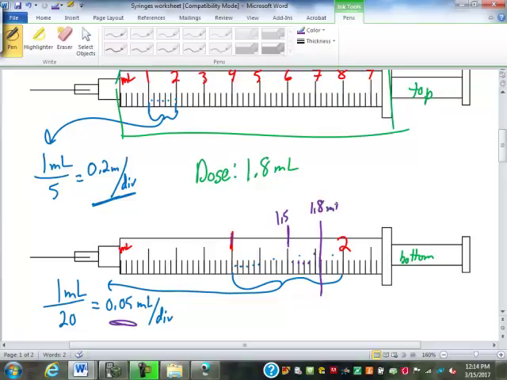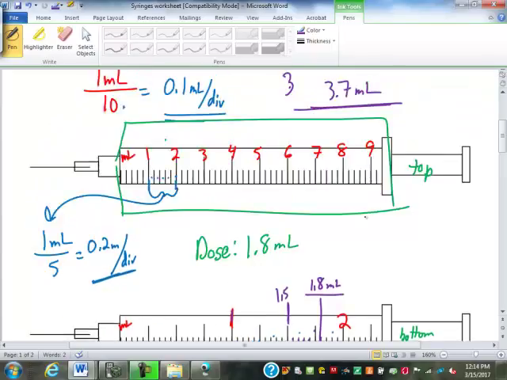So it's 1.8 milliliters right there. On the top one, each division is 0.2. So this is 1, 1.2, 1.4, 1.6, 1.8. So 1.8 is right there. So you can see both of them have a marking at exactly 1.8 milliliters.